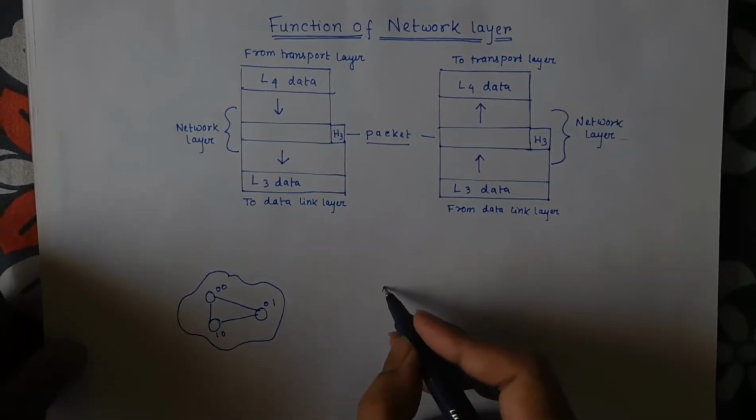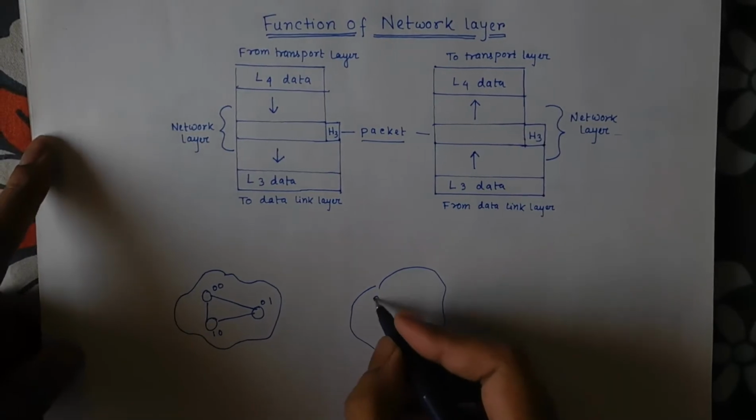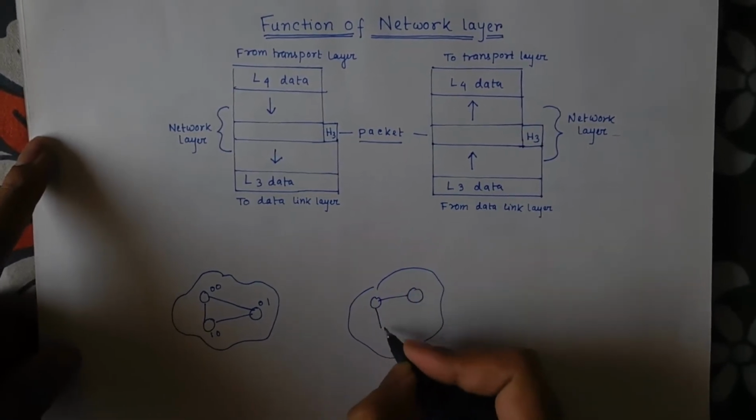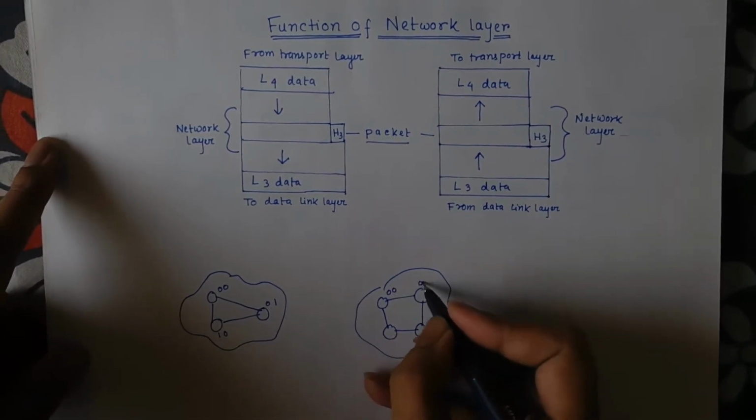This is another network with 4 nodes, and there is also a unique identification number.